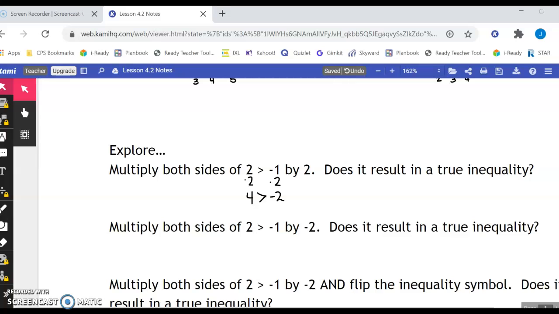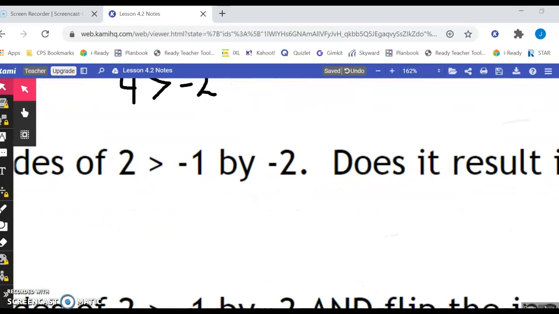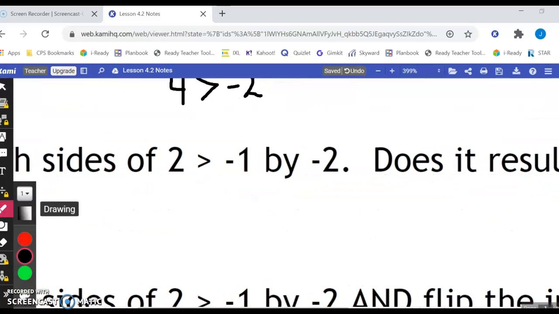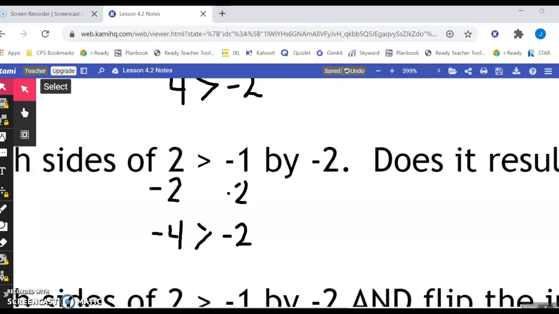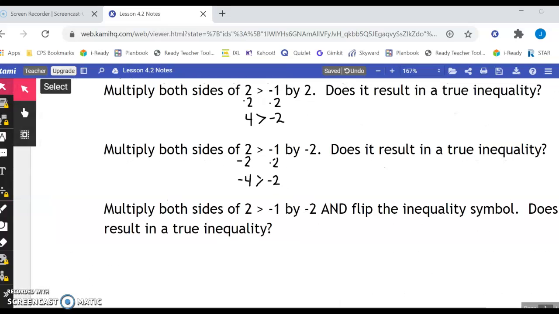Yes, 4 is greater than negative 2. Now we're going to multiply both sides by negative 2. 2 times negative 2 would be negative 4 is greater than negative 1 times 2 would be negative 2. Is negative 4 greater than negative 2? No, that does not result in a true inequality.